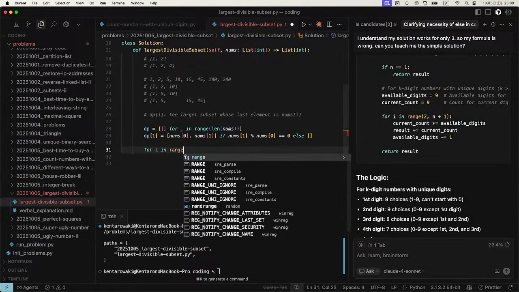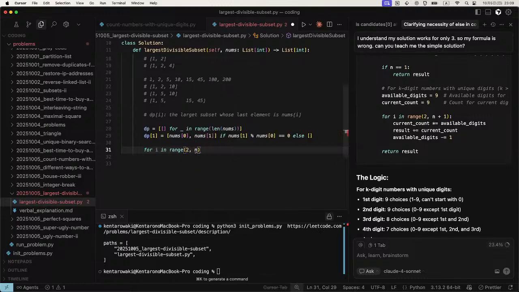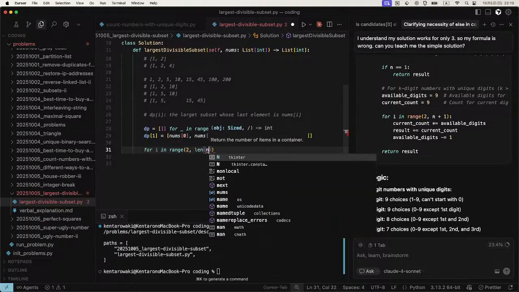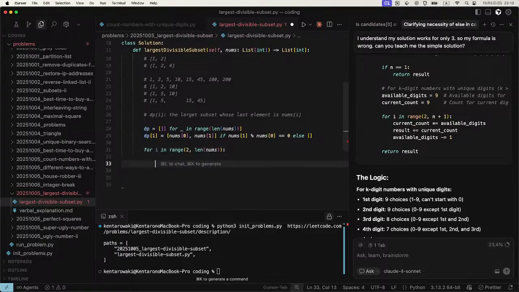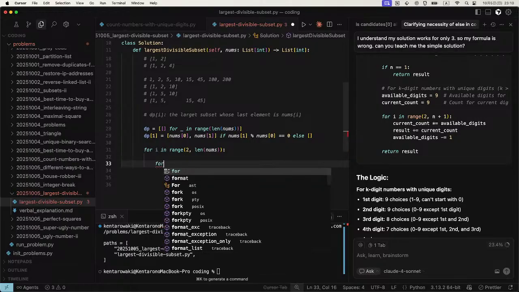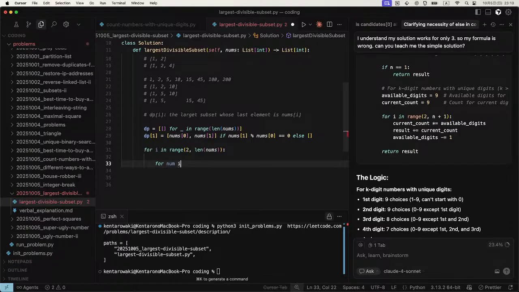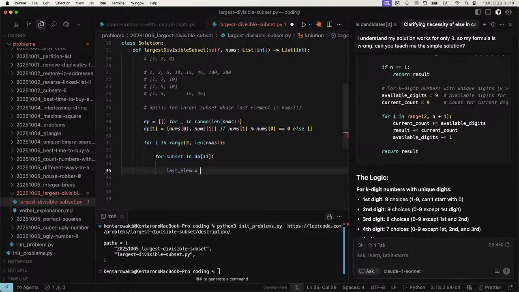For I in range, we start with 2 and length nums, and for num, for subset in DP, until I, okay, and last element is subset.